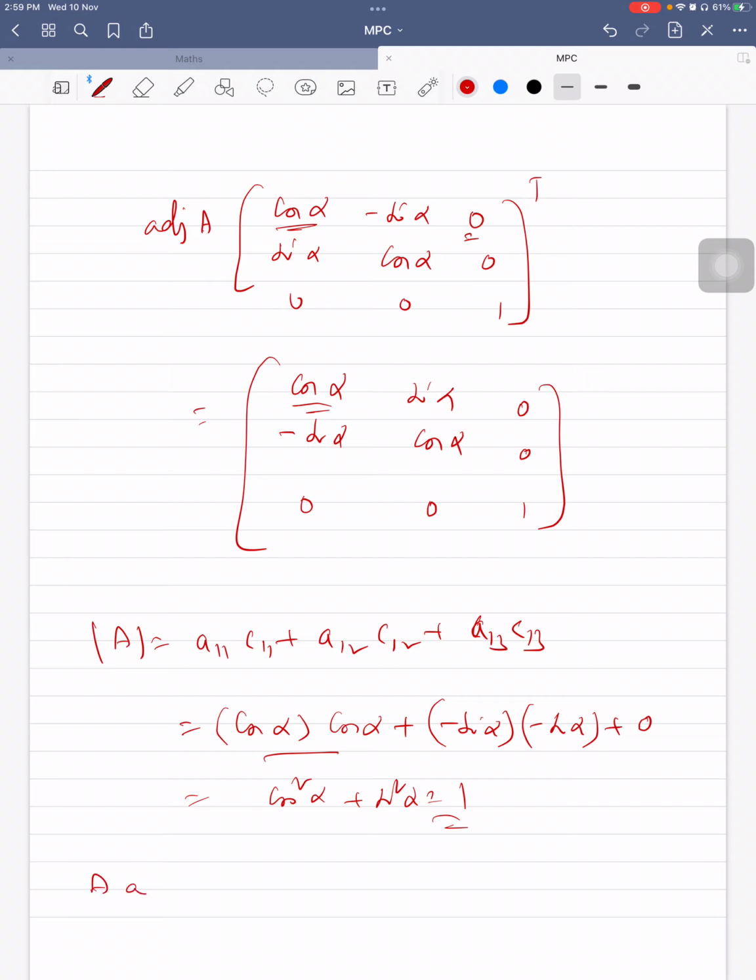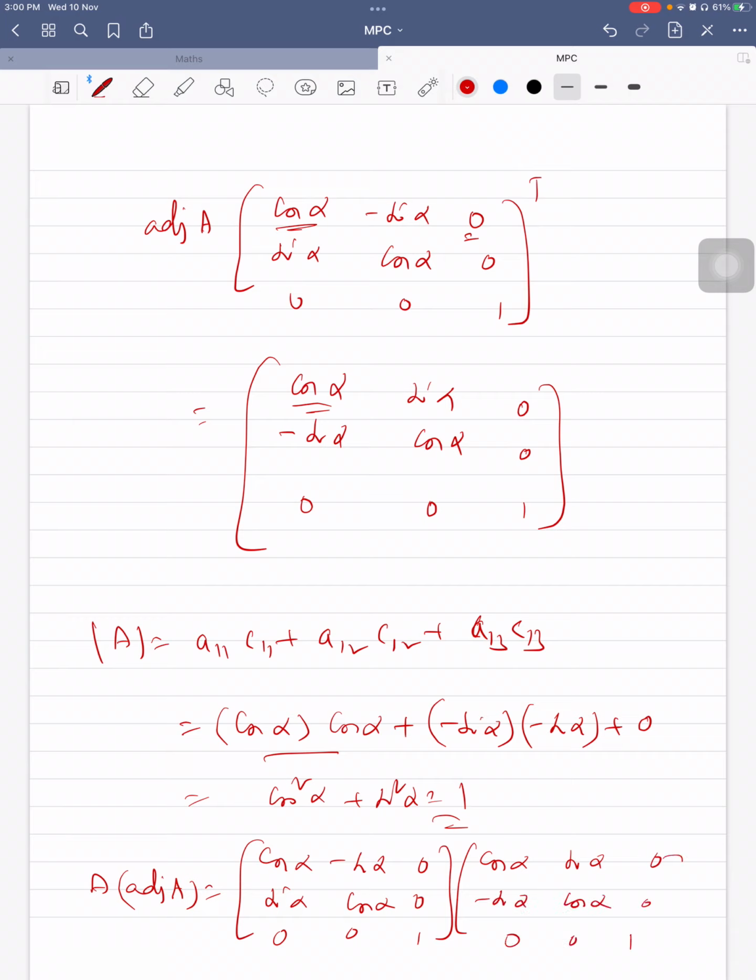Now A into adjoint A becomes: A is [cos alpha, minus sin alpha, 0; sin alpha, cos alpha, 0; 0, 0, 1] and adjoint A is [cos alpha, sin alpha, 0; minus sin alpha, cos alpha, 0; 0, 0, 1].